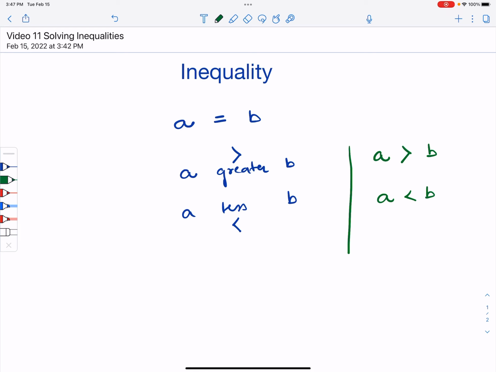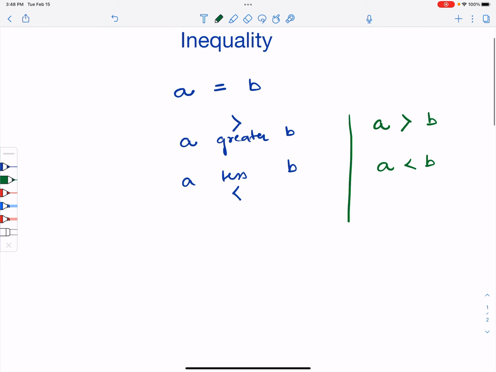In addition to that, depending upon the problem that's given to you, something on the left may be greater than or equal to something on the right. So let's say A is greater than or equal to B. We put the greater than sign and then take one of the little lines from the equal to.